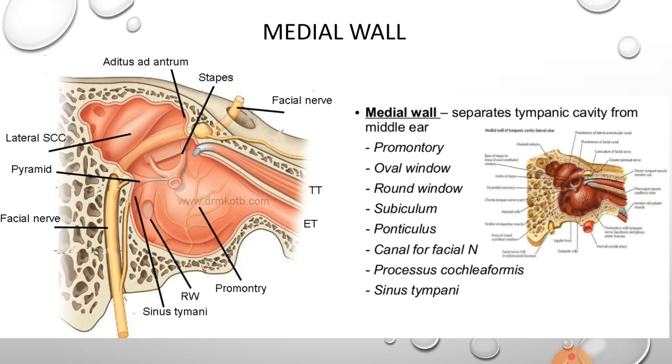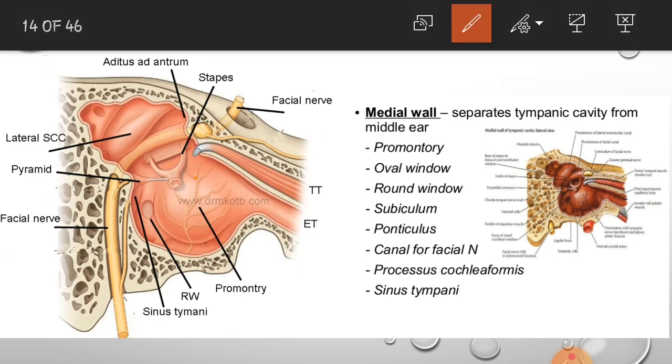This round projection is the promontory, and it is made up by the basal turn of the cochlea.